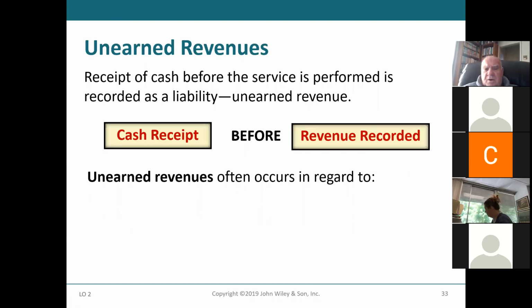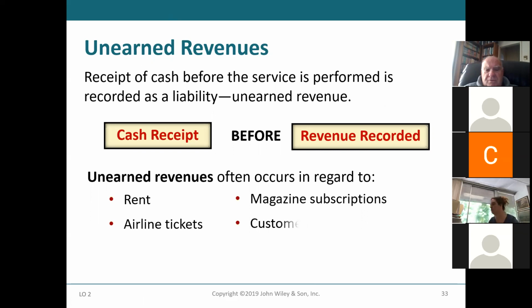Let's have some fun with unearned revenues. Here, we receive cash in advance of doing something. Unearned revenues often occur in regard to rent, airline tickets, magazine subscriptions, tickets to baseball games if you pay in advance.